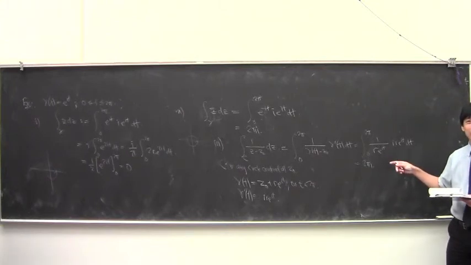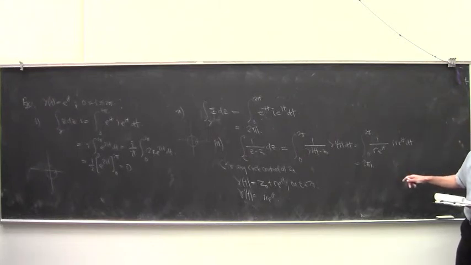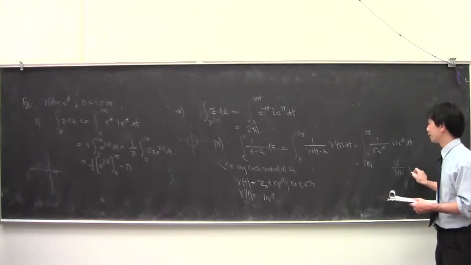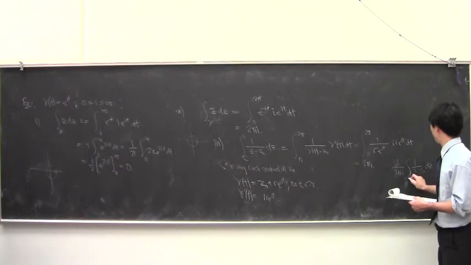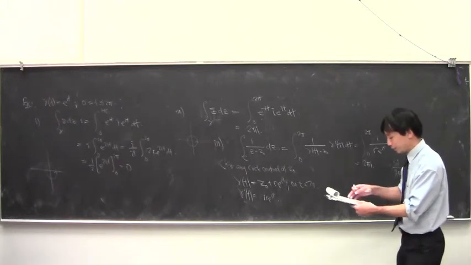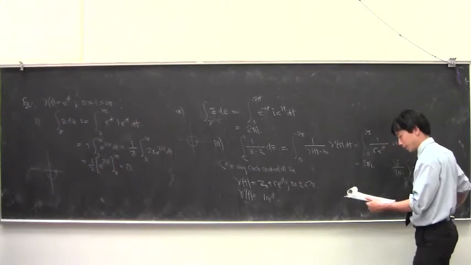What am I going to have? Negative 2 pi I. Right? So if I look at this, this basically counts the number of times I circle z naught in a counterclockwise direction. This will be relevant later on.